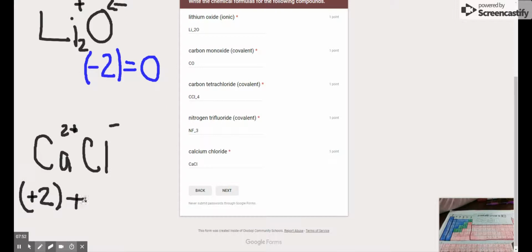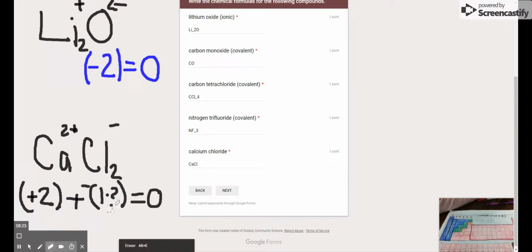You're going to add 1 times what equals 0. So 2 plus -2, because of course this is the negative, is what gives you 0. So 1 times 2, you need 2 chlorine atoms to balance out that +2 charge.